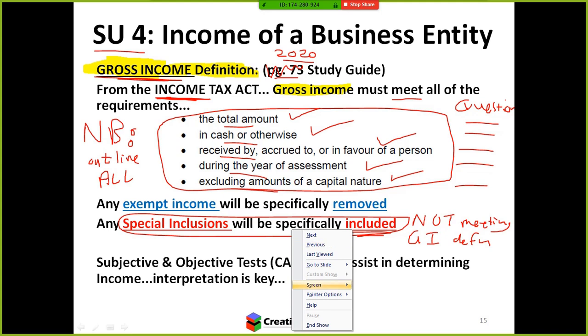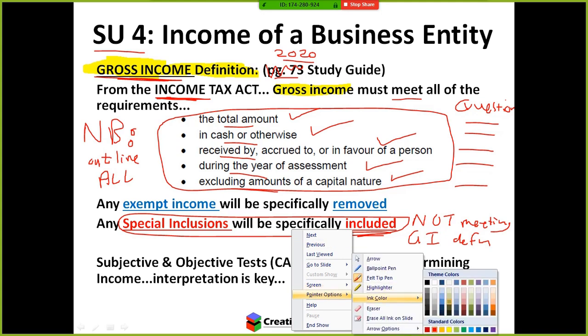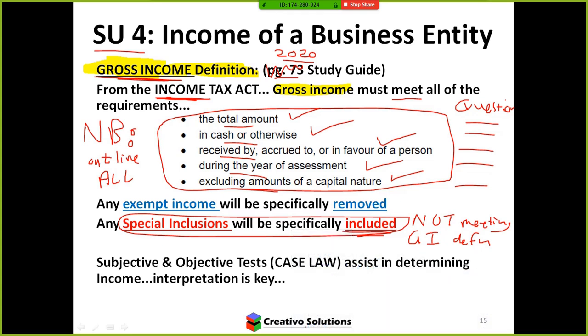Sometimes you get the opposite, where something meets the definition but is exempt. In other words, it meets all the requirements, tick, tick, tick, tick, tick, but it's special because SARS provides for exempt income, and then you remove it. So you don't get taxed on it.